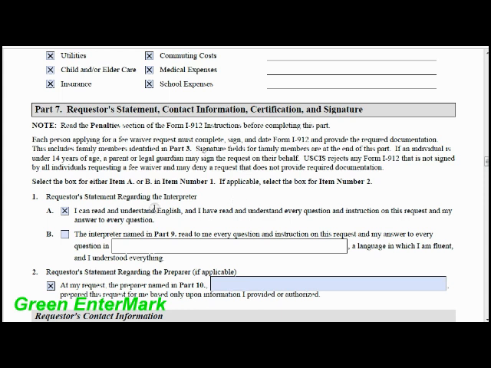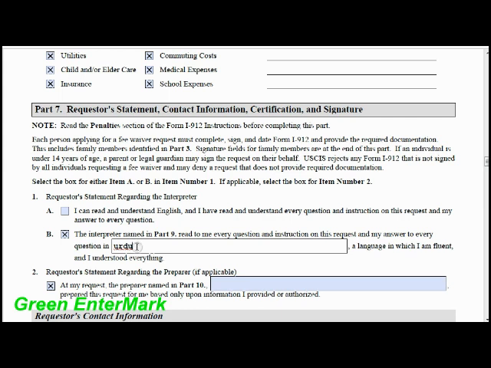Just like this, I can read and understand English, and I have read and understood every question and instruction on this form, and this is my answer to every question. If you cannot read, write or understand the questions and you are getting help from someone else, you mention B, and you mention the language in which the interpreter or the person giving you help explains this form.